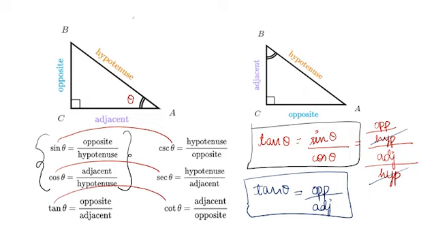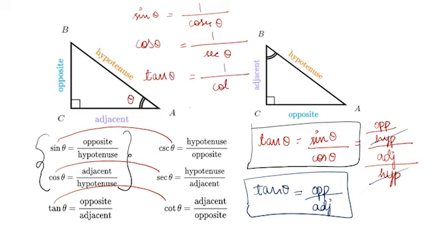I'll write it down. Sine theta is equal to 1 by cosec theta. In the same way, cos theta is equal to 1 by sec theta and tan theta is equal to 1 by cot theta.